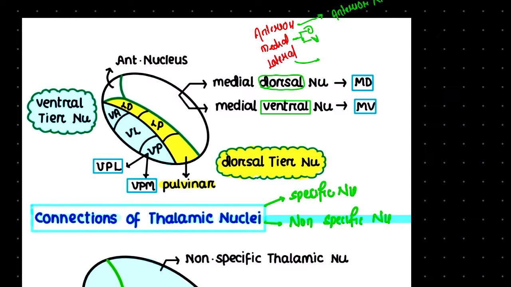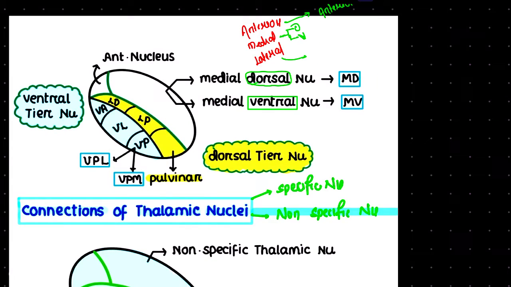These are called specific nuclei because they receive afferents from the ascending pathway, the ascending tracts. Non-specific nuclei receive afferents from regions other than ascending tracts, like other diencephalic nuclei.